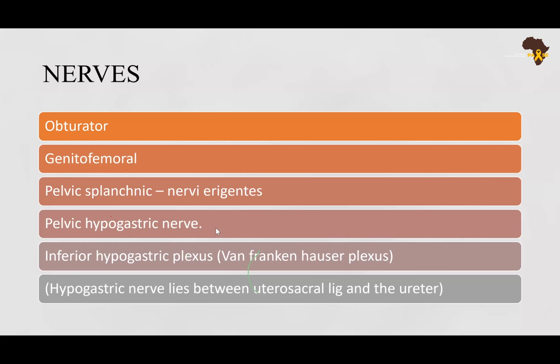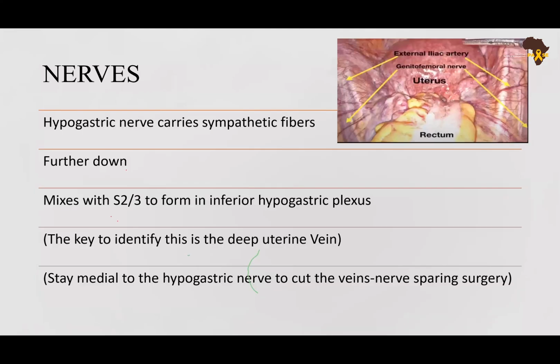The nerves of importance could be obturator, genitofemoral, the pelvic splanchnic nerves, the hypogastric nerves, and the hypogastric plexus, and we have discussed how to identify the hypogastric nerve on the lateral pelvic wall. The hypogastric nerve carries the sympathetic fibers, moves further down to mix with S2-3 to form the inferior hypogastric plexus.